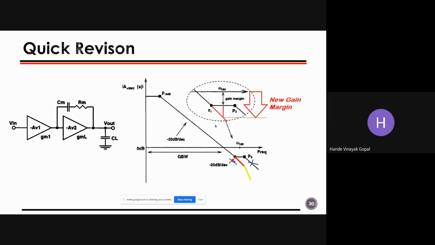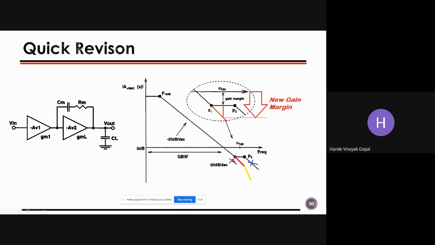So what I can get here is, you can see there's a red line which I have drawn, that you will not get the zero straight line. Instead of that, I'll get the minus 20 dB continuing till P2, and after that it will start falling, right? The advantage is that previously my phase margin was degrading at the zero as well as P2, but now my phase margin has been improved, so I have benefited with this.